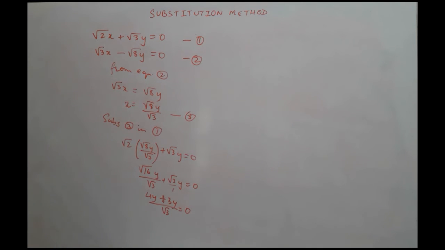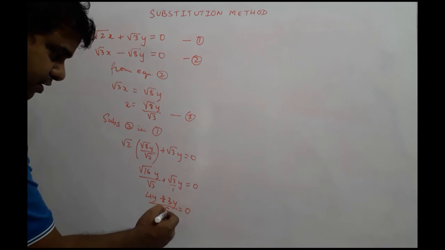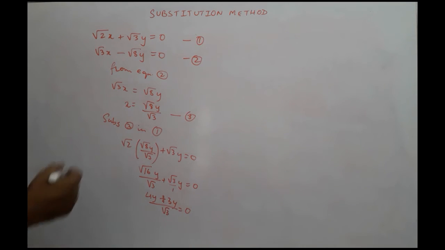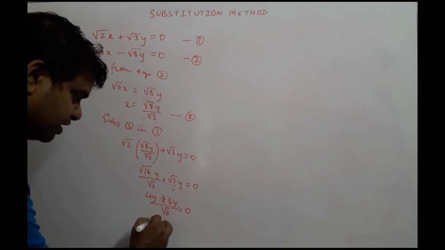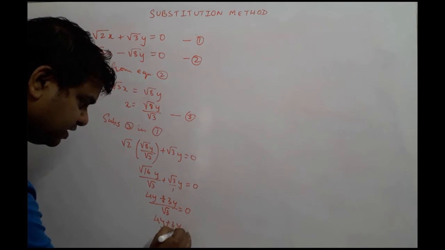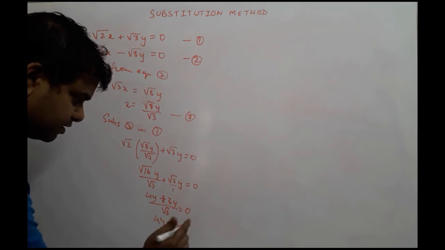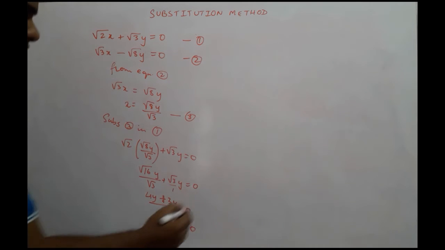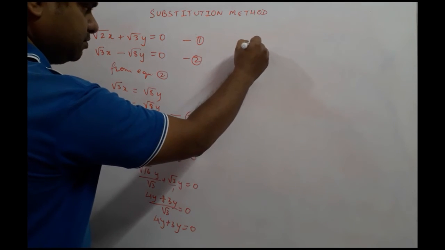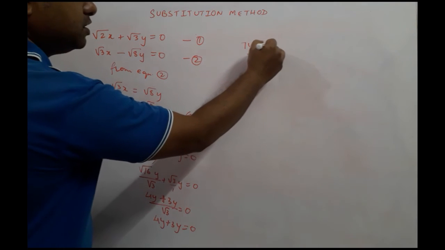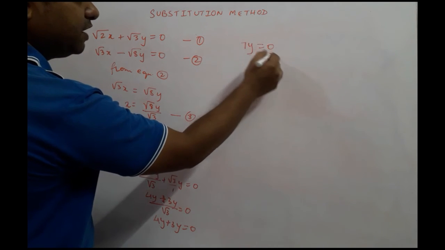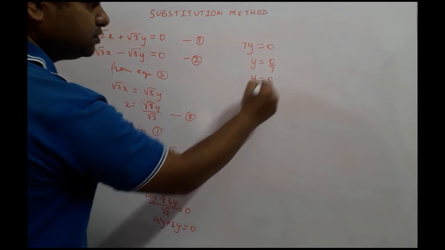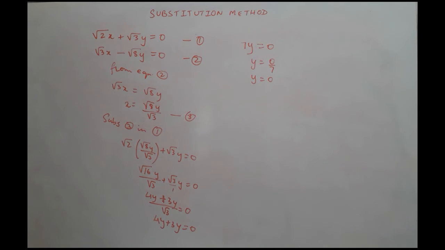Now this is divided over here, so we multiply root 3 into 0 and take it on top. Anything multiplied into 0 becomes 0, so we get 4y plus 3y equal to 0. Adding 4y plus 3y, it becomes 7y equal to 0. If we bring 7 down over here, y equals 0 upon 7, which is y equal to 0. Got it?